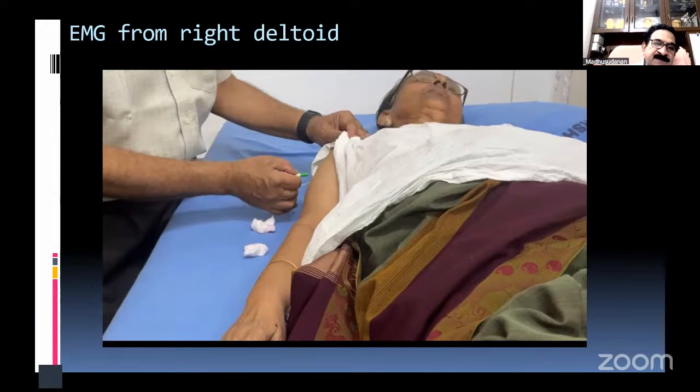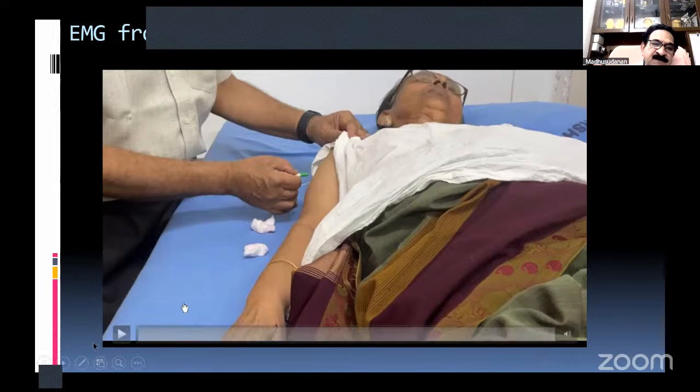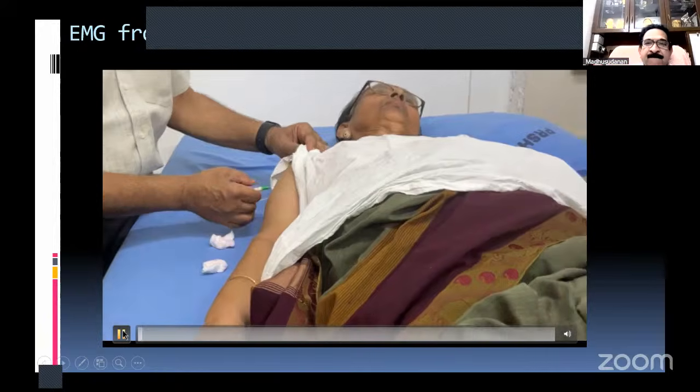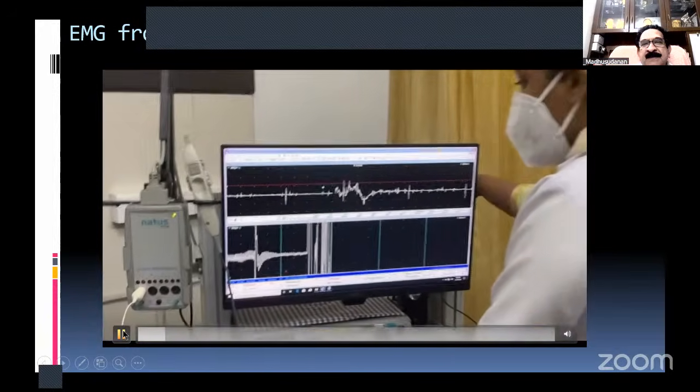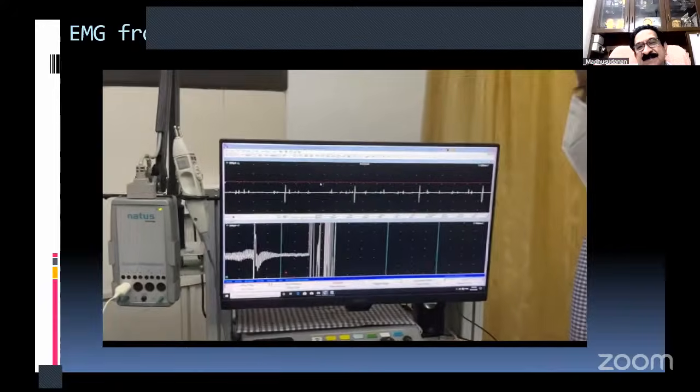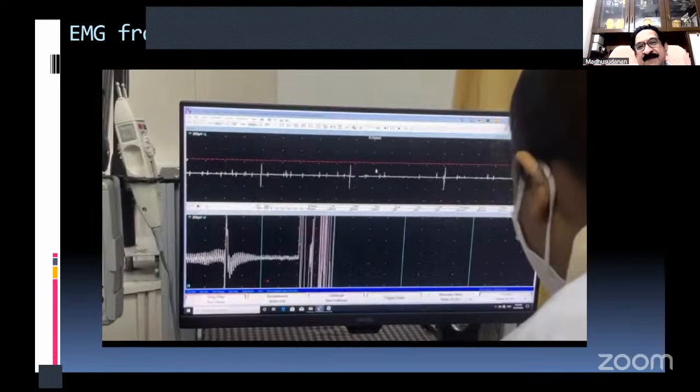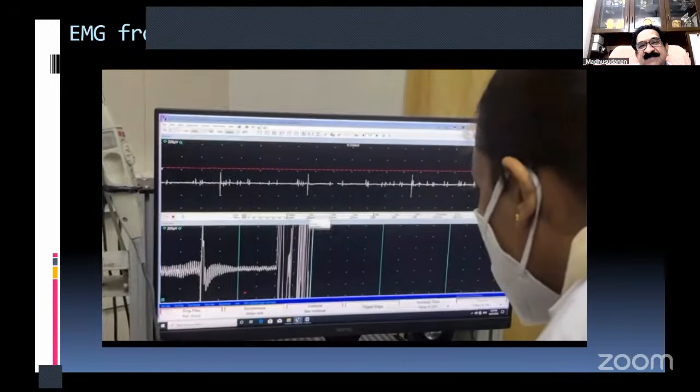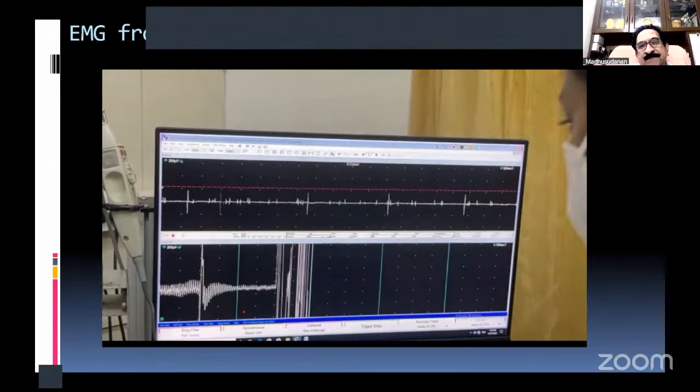Now look at what's happened here in the deltoid. There are fasciculations. There are fasciculation potentials in the right deltoid.